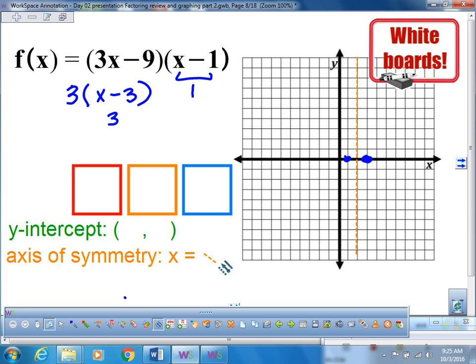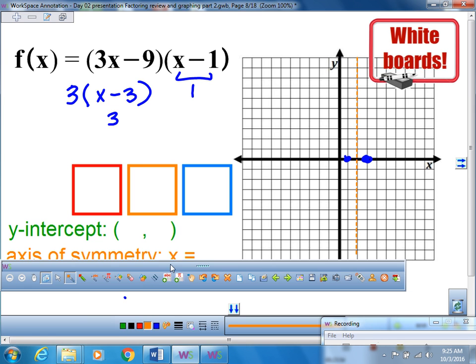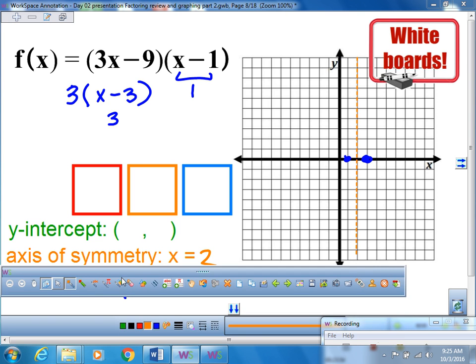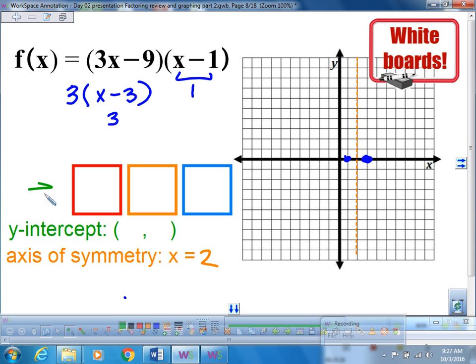Axis of symmetry, whoops, we're doing lines now. Axis of symmetry is 2. My y-intercept, how could I do that pretty easily without doing all of the hard work of coming up with this part? -9 times -1 is +9, which makes sense with my graph. 2 away, 2 away.